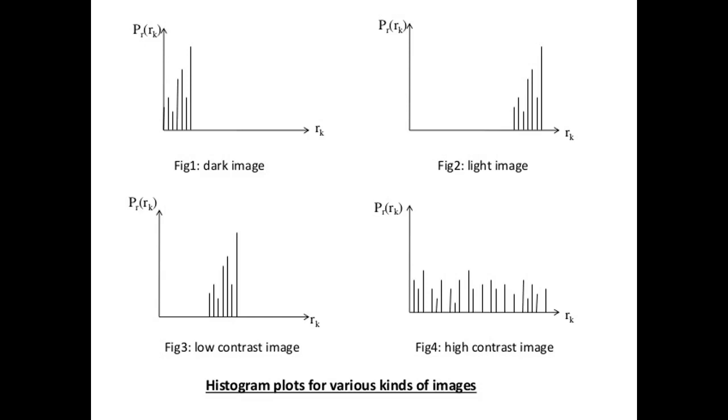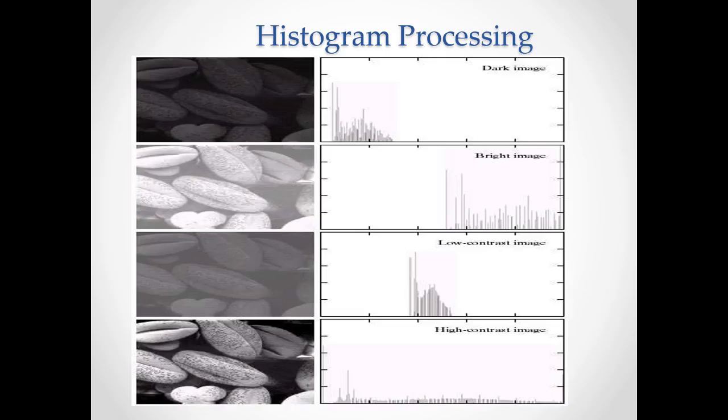In the same way, if we consider a bright image, the histogram values are placed towards white, or 255. That indicates the given image has more white pixels compared to other gray level values. This is an example of a low contrast image: the histogram is placed at the center. If you take a high contrast image, the histogram is spread over the entire plane.